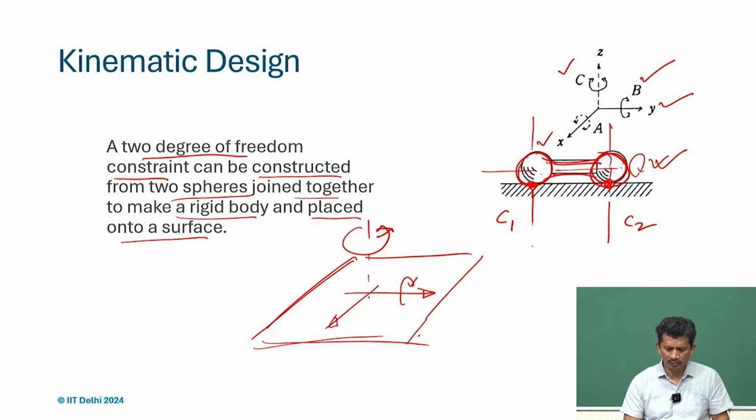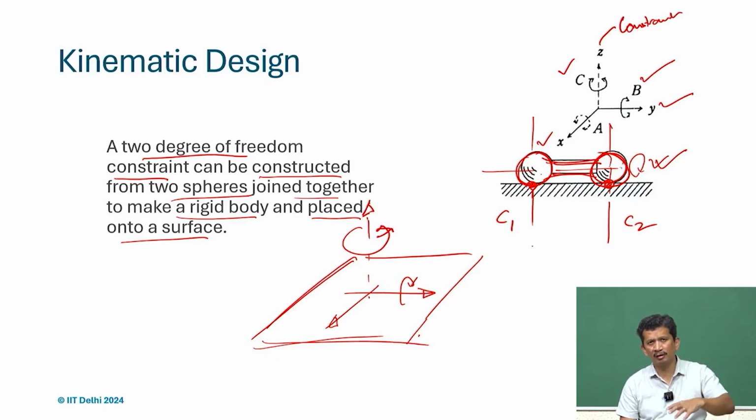What is not possible? What are the constraints here? Yes, both are in z direction, C1 and C2. So, of course, this is the constraint. Z translation is not possible, because only if we allow lifting, and so we do not have any contact anymore.